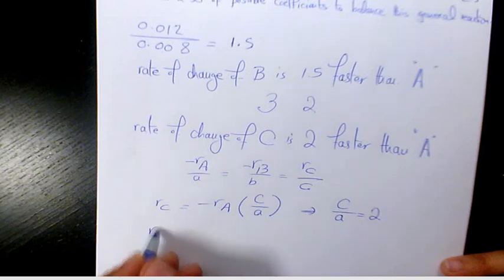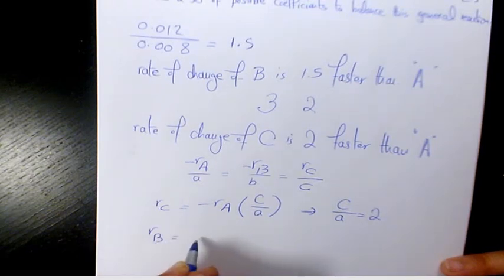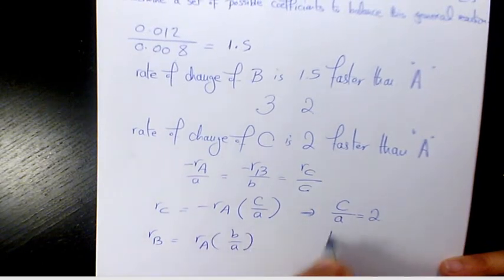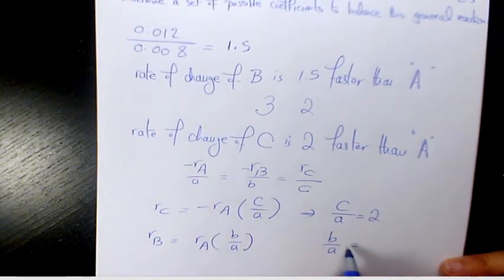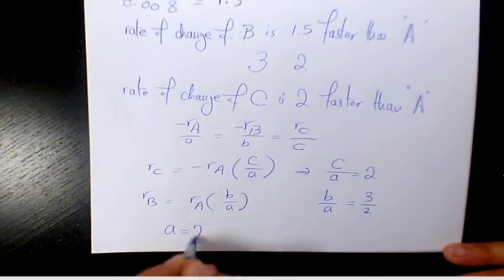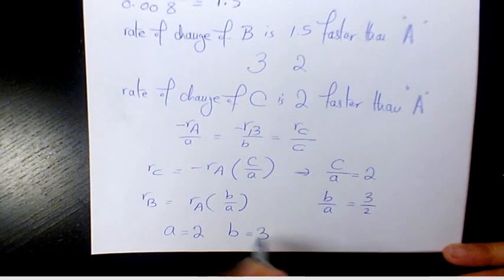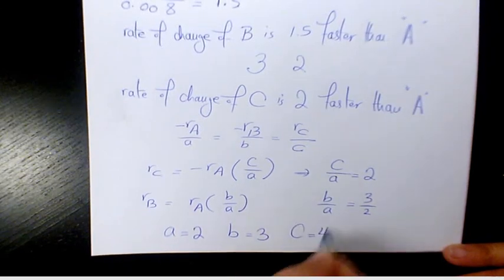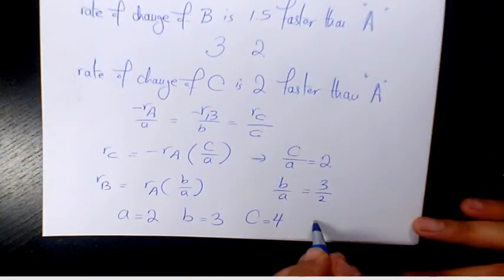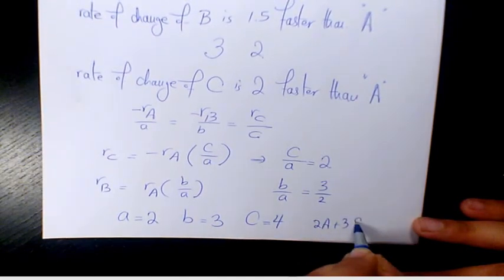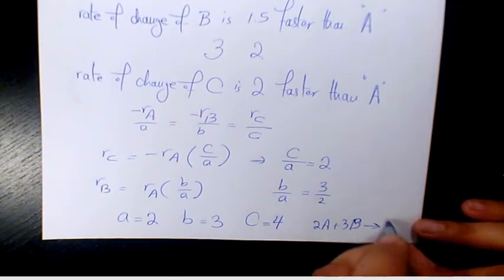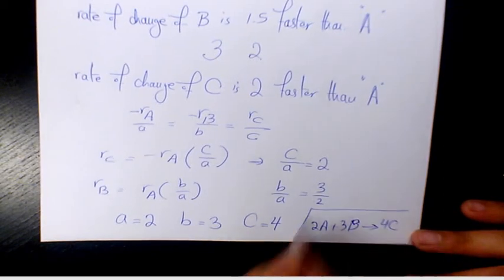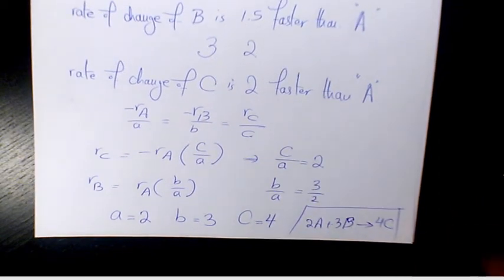On the other hand, for RB, if you write it the same way, it is going to be negative RA times b over a, which we know b over a is 3 over 2. So we can say a is 2, b is 3, and c is 4. So the reaction is 2A plus 3B gives us 4C. So that's going to be the balanced reaction in this example.